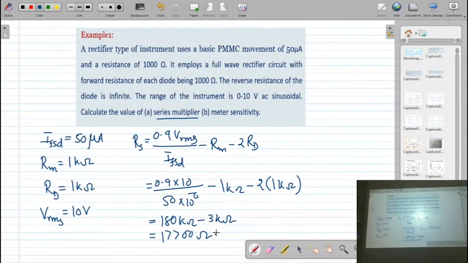So you have to connect this value of the resistance in the meter. It will be converted into a range of 10 volt AC.